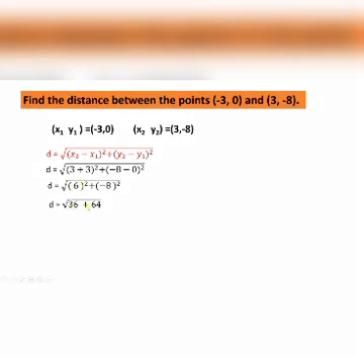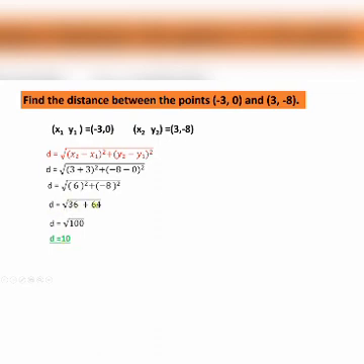If you add, 6 square is 36, and (-8) whole square is +64. That is, d is equal to root of 36 plus 64. Now if you add 36 plus 64, it will become root of 100. So now d is equal to root of 100. You know that square root of 100 is 10.